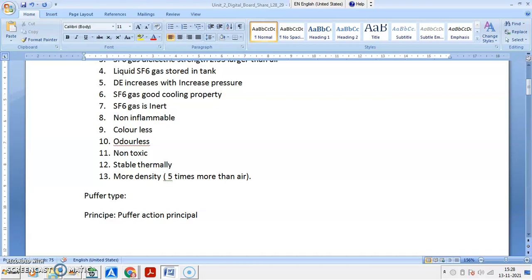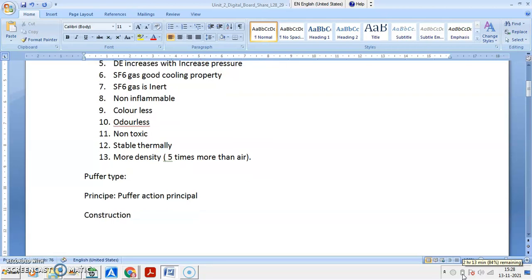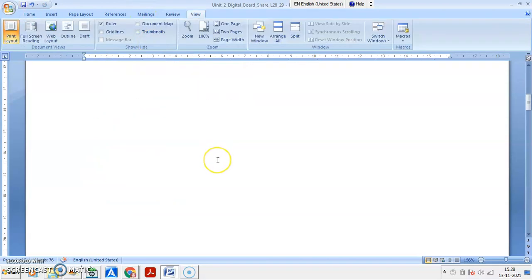So this is the particular principle. As far as the construction is concerned, every time you are asked to write about any circuit breaker, you should be able to explain the working principle and the construction of the circuit breaker.